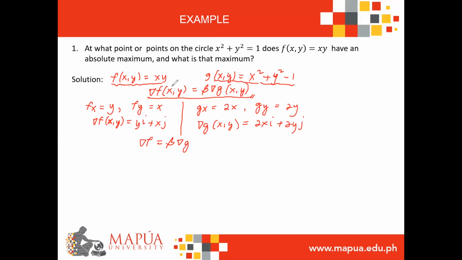Let us simplify this equation: gradient f of xy, yi plus xj, equals beta times 2xi plus 2yj.